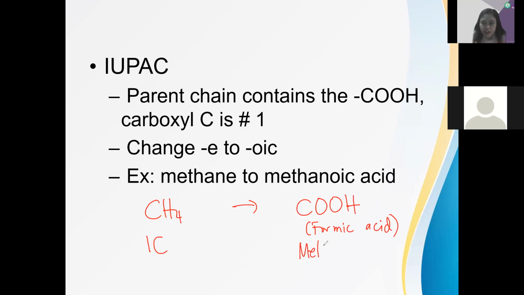So I told you, get rid of the E in the ending for the alkane and change it to OIC and add the word acid. So this is the IUPAC name for one carbon carboxylic acid. Okay?